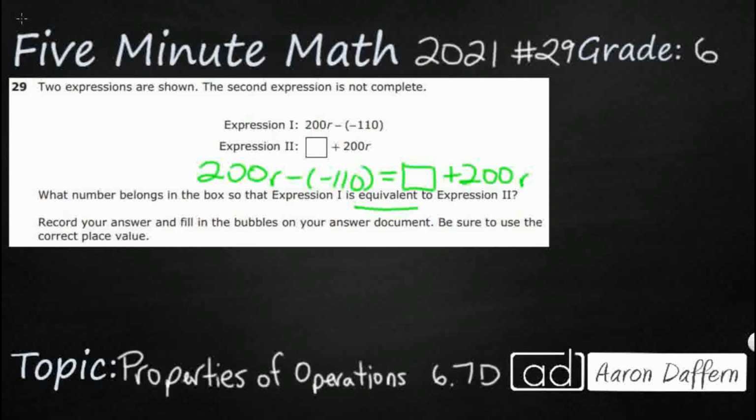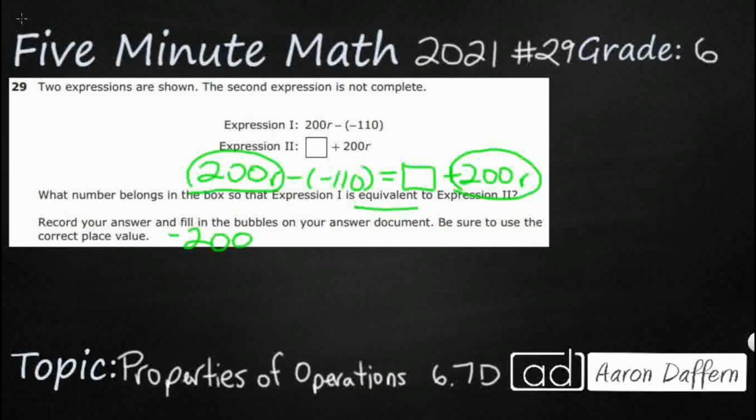And what we could do here is we could do a few different things. First, what happens if we were to move all of the like terms together? So you see I've got a 200r here, and I've got a 200r here. But what if I were to subtract 200r from both sides?